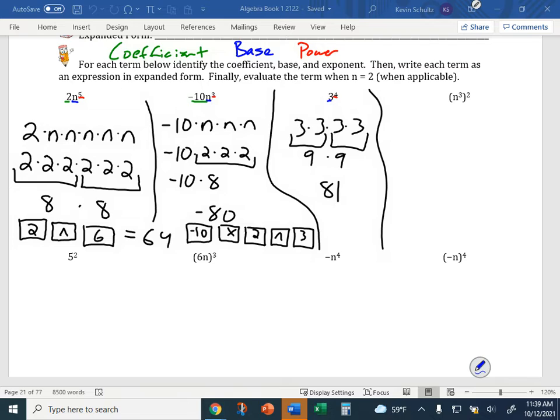It's got to be attached to something here. So what's the base for our exponent of 3? Aiden? The base is n. But then we have that second exponent there, that power of 2. What's the base for the power of 2? What's being squared, Pierce? Whatever you get from the answer. Right, all that inside the parentheses.